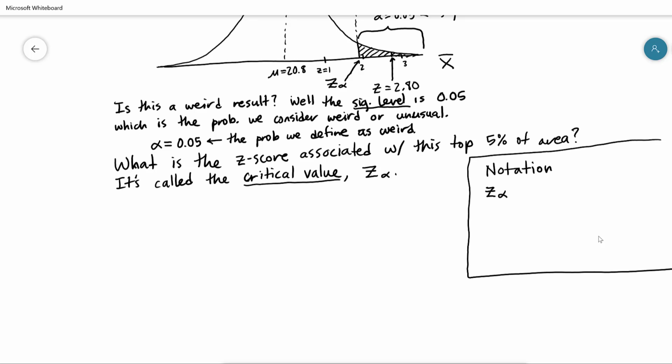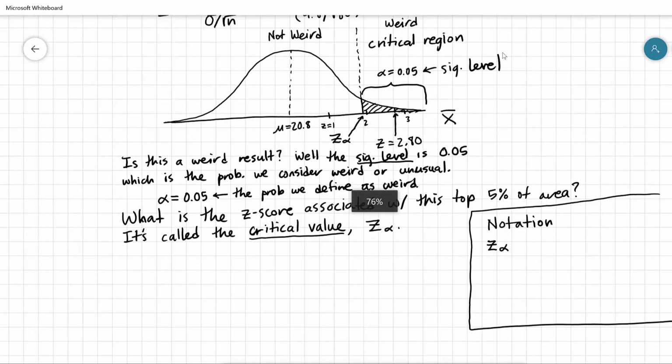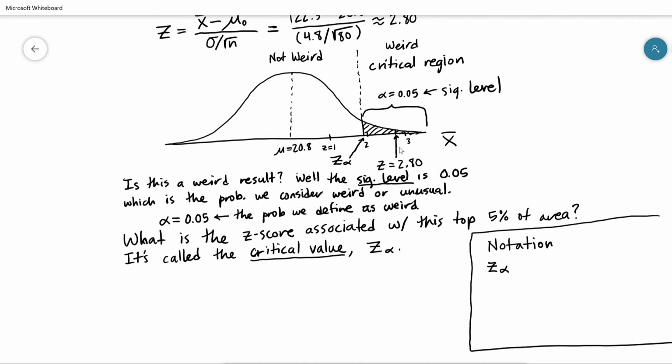In this case, we're calling this z sub alpha, and that's because, looking at our picture, it's the z-score associated with an area of alpha in the right tail. So here's alpha equals 0.05. All 5% of that area is all in the right tail. So this z-score is associated with just that 0.05.